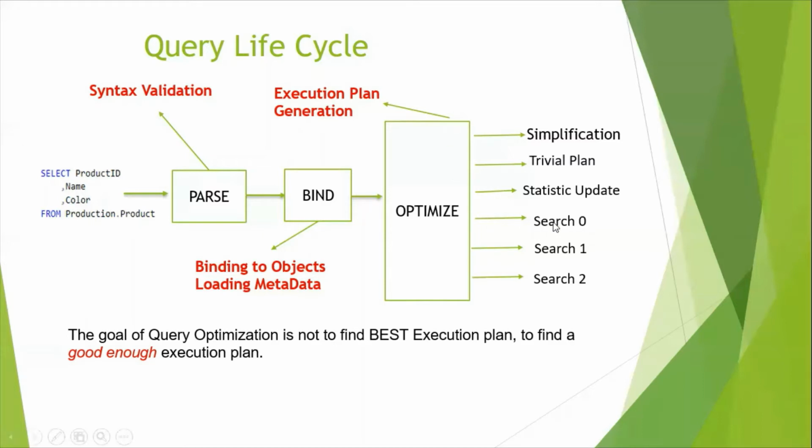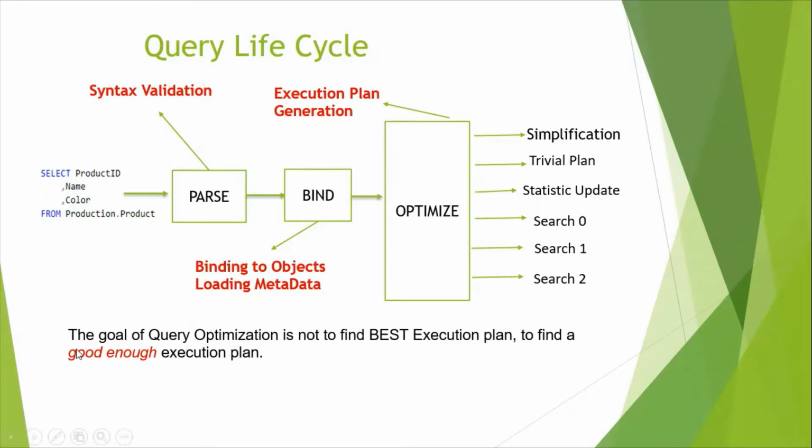Within a fraction of a second, even within a fraction of a millisecond, the optimizer identifies an optimized plan for this query. It's not actually the best plan, it is an optimized plan.